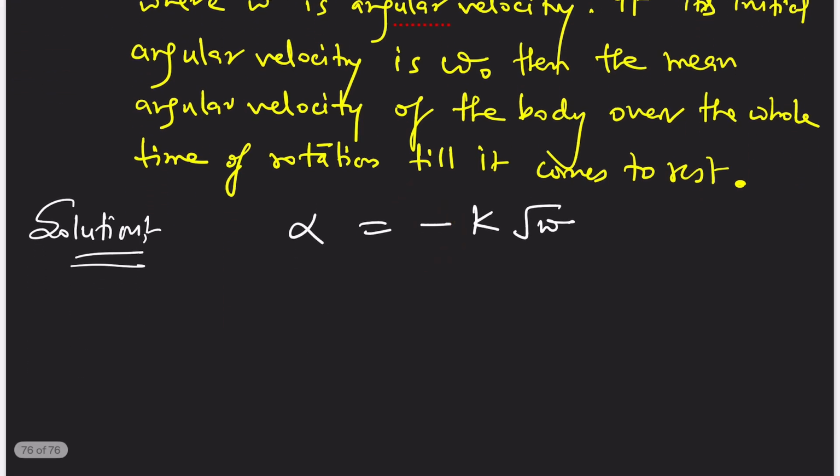It is going to reduce the velocity, so its direction and the omega direction will be opposite to each other. So from my side only I have put this minus sign.